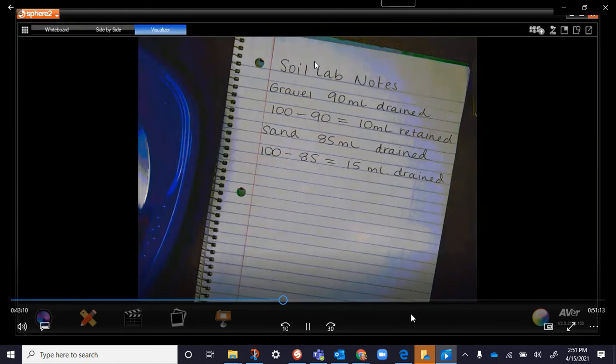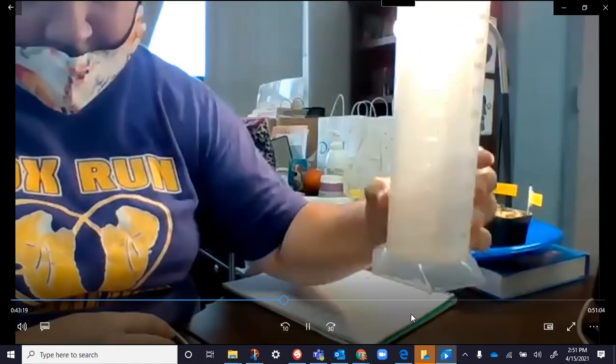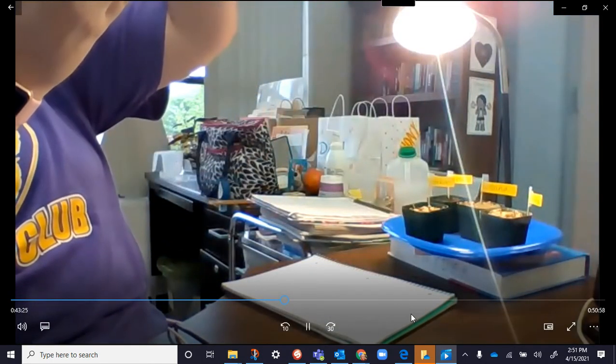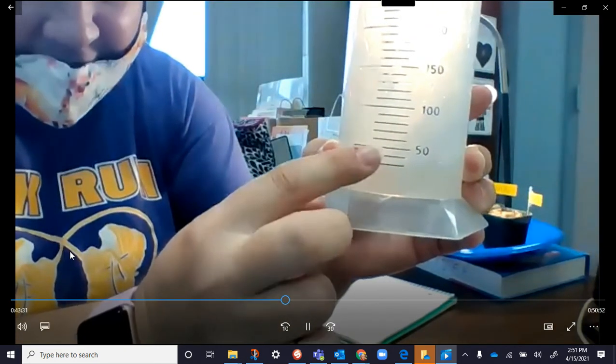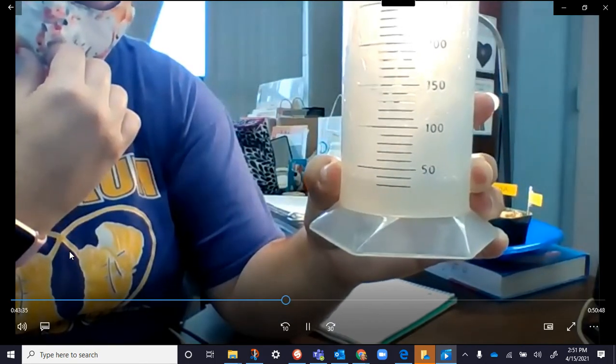Oh yeah, I remember the clay didn't drain very much, like barely any. All right, so here's clay. Can y'all see a little bit on the bottom here? So clay is right at, if this is 50, what would the clay be? 30.